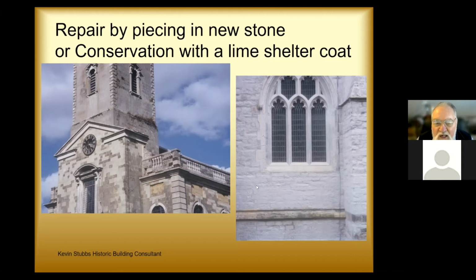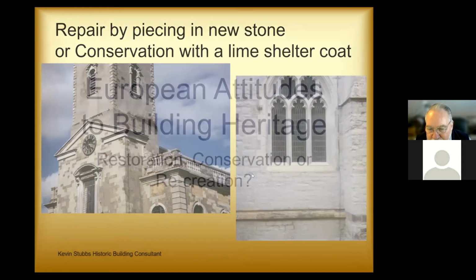So that's really the end of the spectrum that we are coming from in Britain for our conservation of stonework.